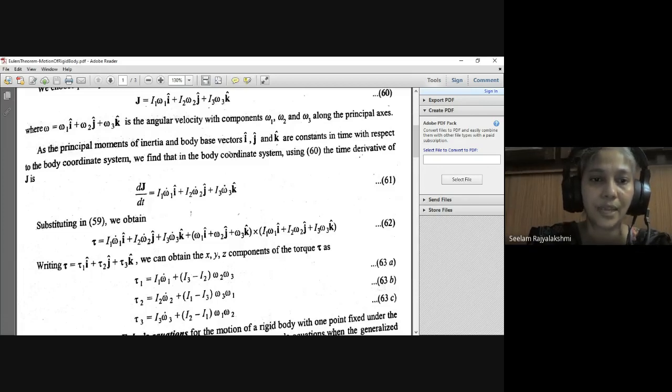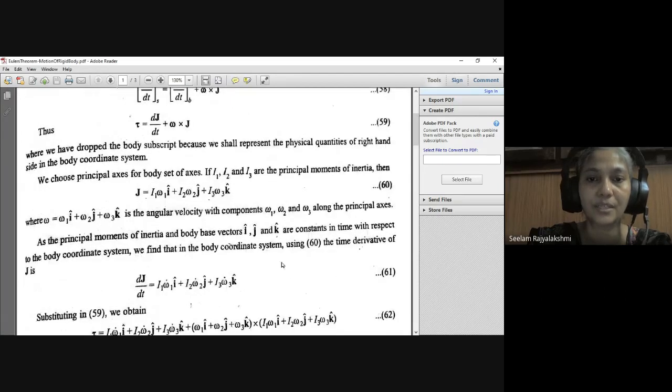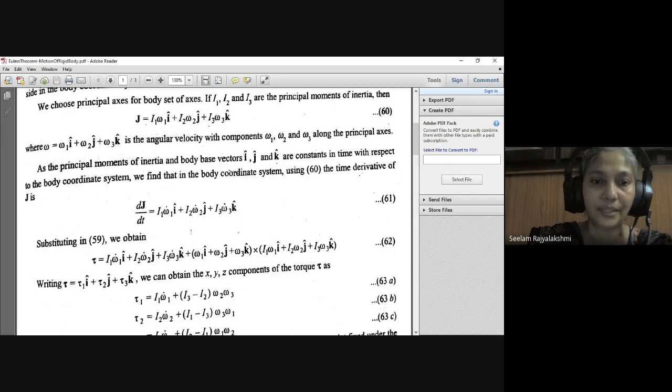Already here we have I1 omega 1 dot plus I2 omega 2 dot plus I3 omega 3 dot, and here we have a cross in between this one and this one, omega into J bar. Already in equation 59 we have omega cross J, so by crossing these two, we'll obtain this equation. And we are considering tau equals tau 1 plus tau 2 plus tau 3.